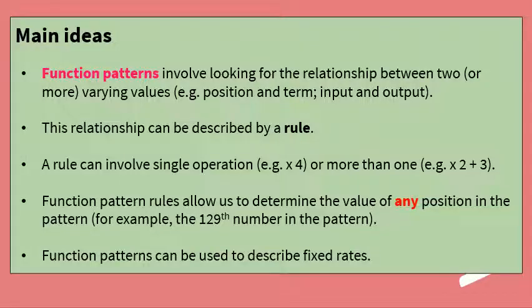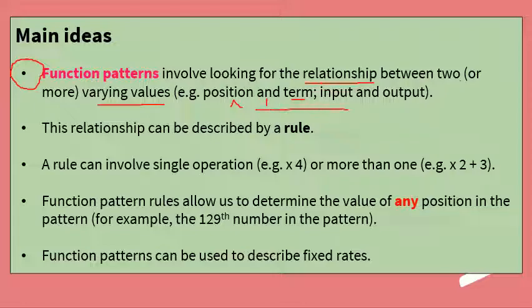Okay, so some of the main ideas from today. The first one, which is the one I want everybody to really focus on, is this idea of a function pattern, how it differs to a recursive pattern. So a function pattern involves looking for the relationship between 2 or more varying values. So that could be the position, so here, position number 1 and the term in the pattern.